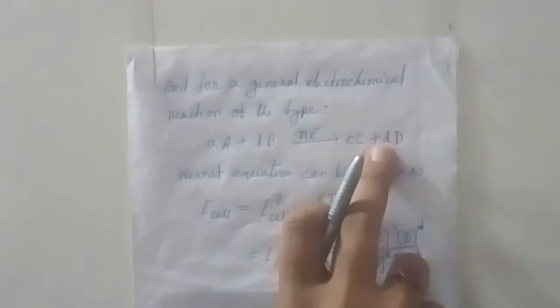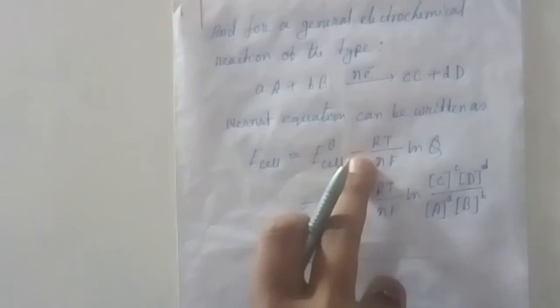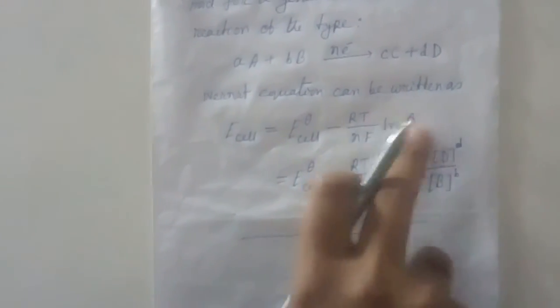So in this way we can generalize, for a general electrochemical reaction of the type a moles of A plus b moles of B gives c moles of C plus d moles of D, where n moles of electrons are transferred during this reaction, then the Nernst equation can be written as E cell is equal to E standard cell minus RT by nF ln of Q. Q is the reaction quotient. So what is Q now?